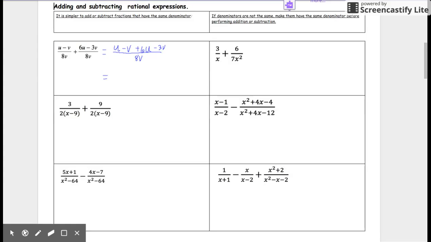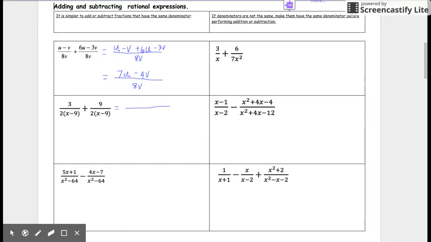And now we can just simplify the numerator. So we'll add the like terms. We can combine the u's. Therefore, we'll have 7u. And then combine the v's, which will give us negative 4v over 8v. And that's it.